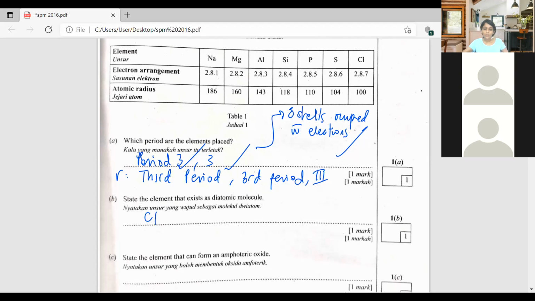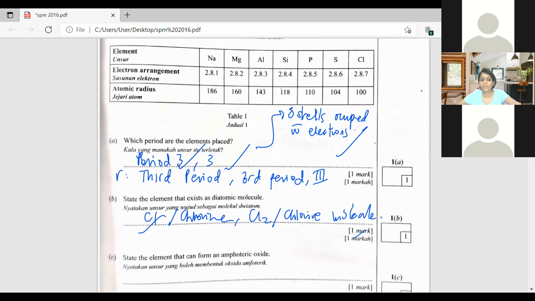No, sir. Okay, good. I can accept chlorine. I can accept the word chlorine here. The teacher accepts Cl2. I also accept chlorine molecule. So this one, not much rejection, a lot of it is accepted.